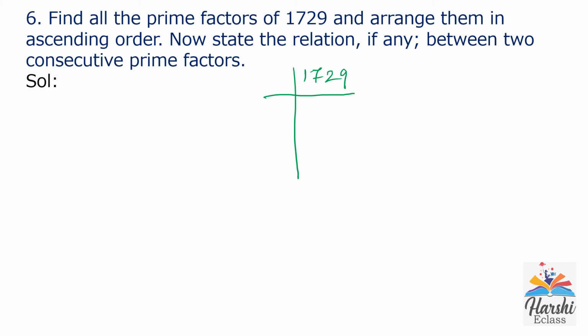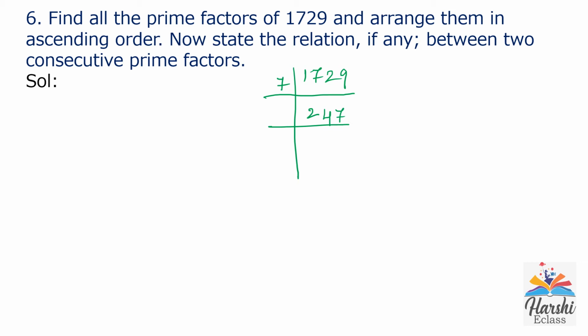7 2s are 14. Then 42. After that 32. 7 4s are 28. 7 7s are 49. 247 will come.